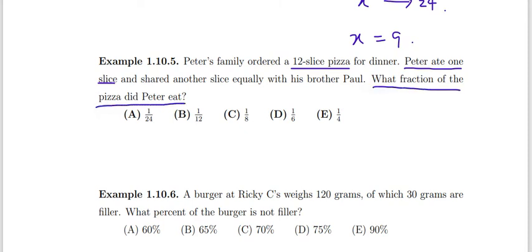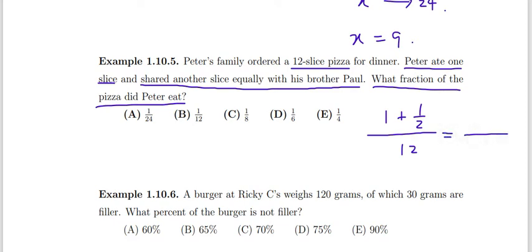So Peter eats 1 plus half of another slice, so 1.5, over a total of 12. This is a complex fraction, so we change it to 24 by multiplying by 2, so that becomes 3 over 24, which we can simplify to 1 over 8.